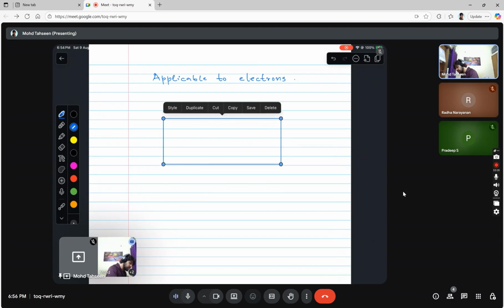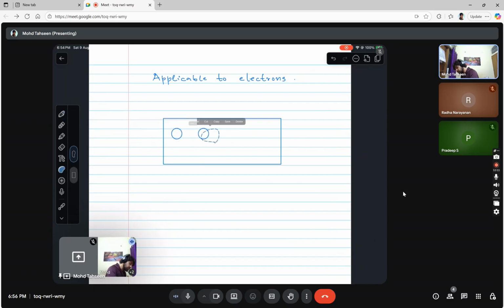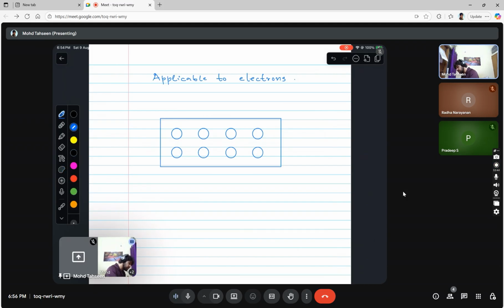Imagine this is some solid. In metallic solids, the situation looks like this. We have these atoms, which are not atoms but ions, or they are called kernels, and these are positively charged. And metals have valence electrons in their valence band, right? So these electrons would be roaming everywhere.